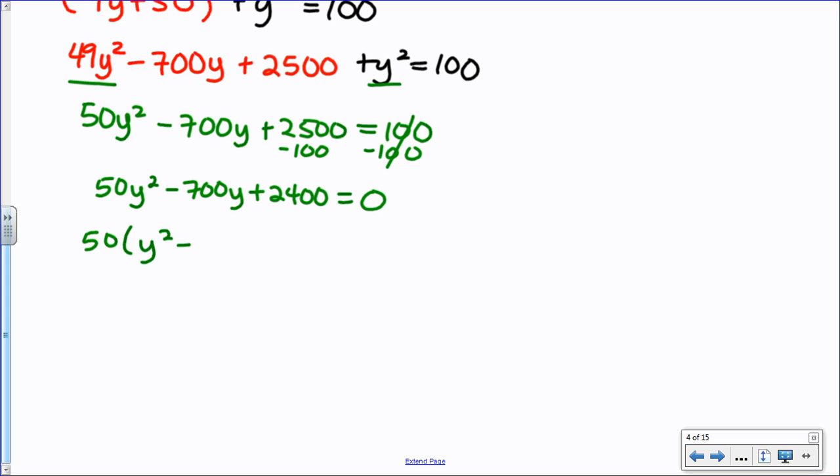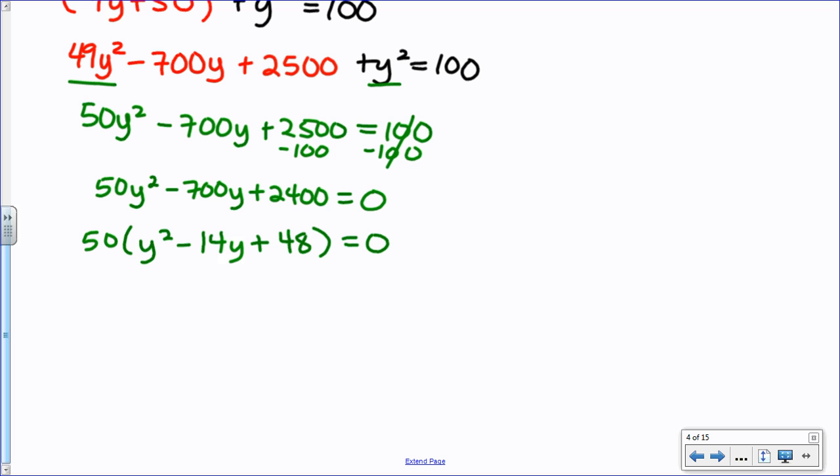So 50 times what gives you 700? 14, good. And then 50 times what gives you 2400? 48.